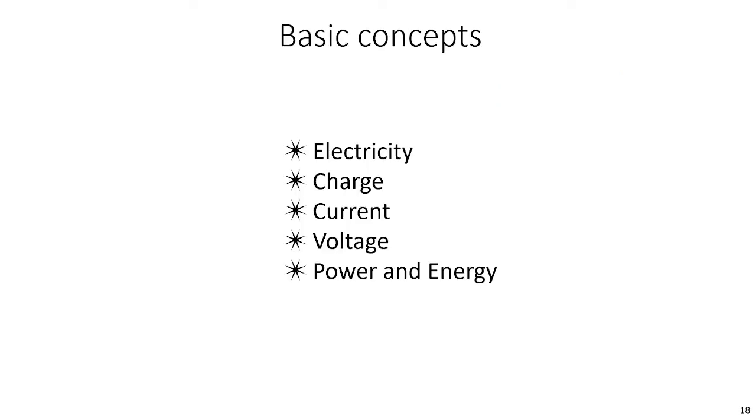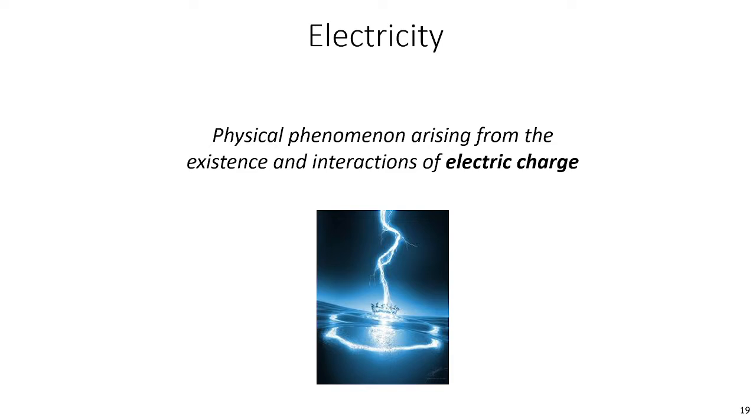To study electricity, first we need to know the basic concepts or basic parameters: what is charge, what is current, what is voltage, what is power and what is energy. Electricity is the physical phenomena arising from the existence and interaction of electric charge.